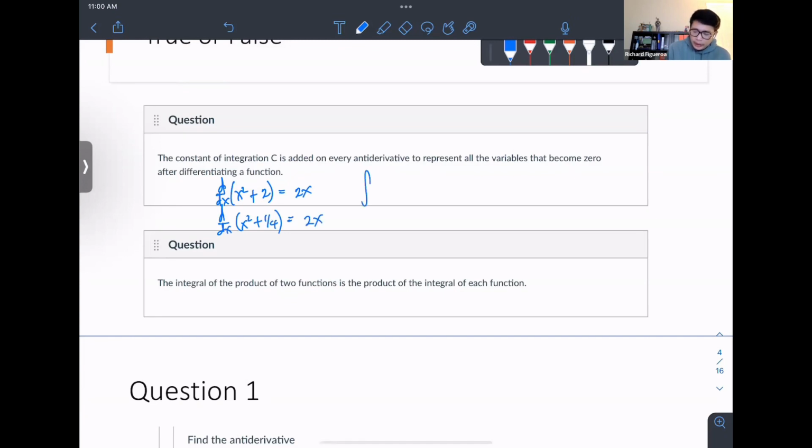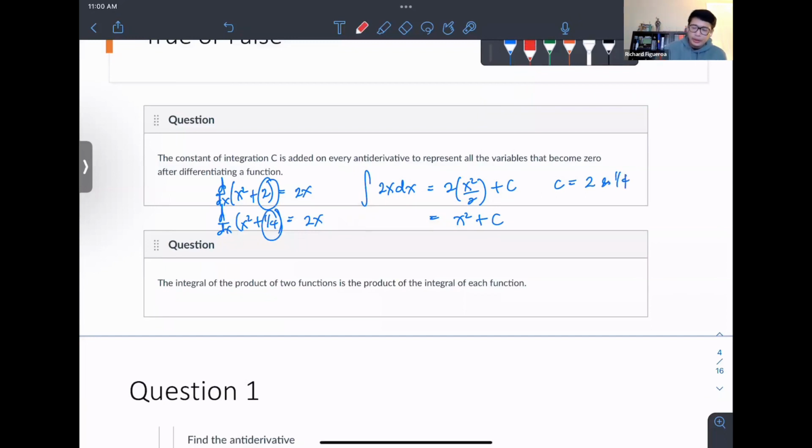However, once we integrate 2x dx, this is the same as 2 times x squared all over 2 plus c, so that makes it x squared plus c. So the c here represents the 2 and the 1/4 that become 0 after differentiation. Therefore, the statement is true.